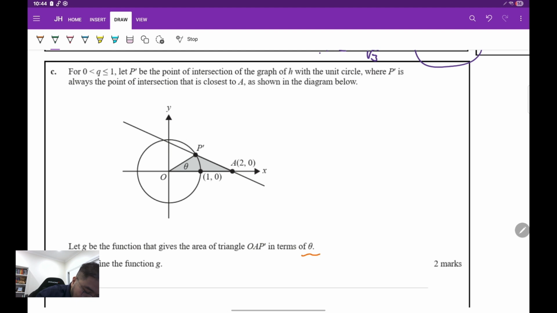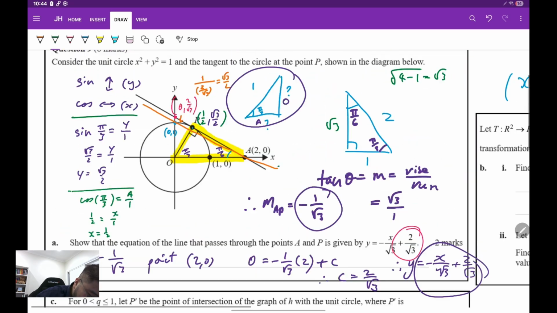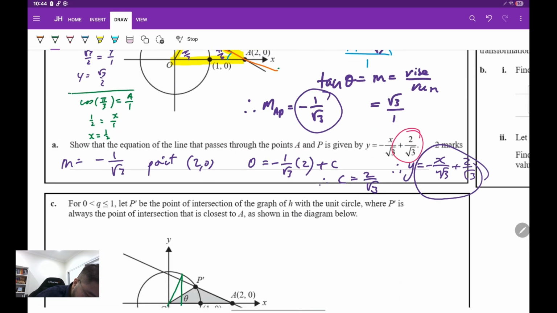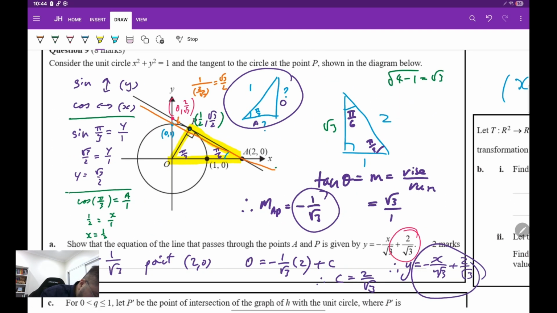And the other thing I need to keep in mind is P dash. I can't make P dash equal 0, because if I make P dash equal 0, I end up with some sort of line instead of an arrow. So there's going to be an absolute threshold over here where P dash will only have one intersection point. And this is why I said before that when we're talking about one intersection point, it's going to be this tangent right here.